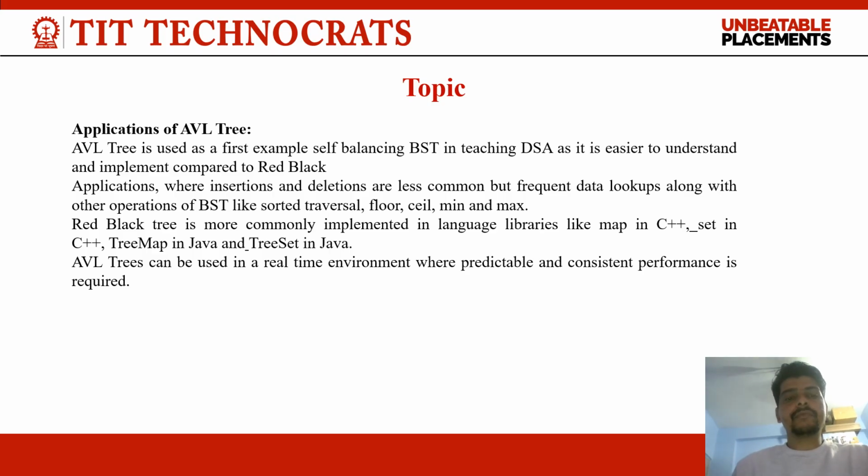Applications are where insertions and deletions are less common but frequent data lookups are needed, along with other BST operations like sorted traversal, floor, ceil, min and max. Red black tree is more commonly implemented in language libraries like map and set in C++, and TreeMap and TreeSet in Java. AVL tree can be used in a real-time environment where predictable and consistent performance is needed. So these are the applications of AVL tree.